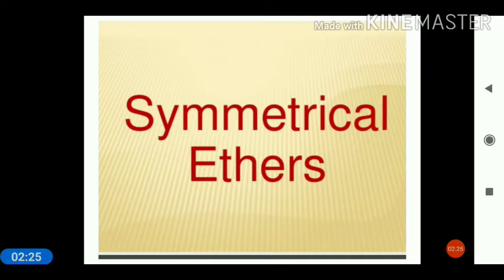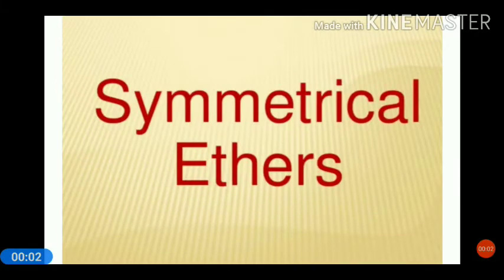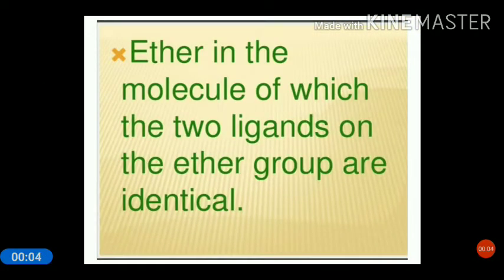Now ethers are classified into two categories, symmetrical and unsymmetrical ethers. Let's see symmetrical ethers. These are ethers in the molecule of which the two ligands on the ether group are identical.